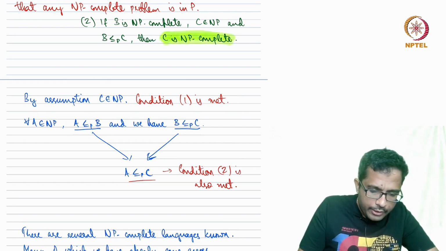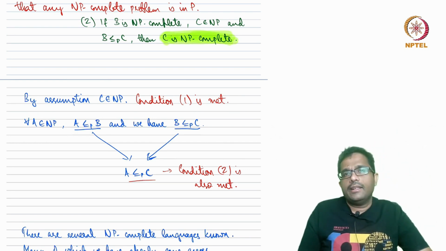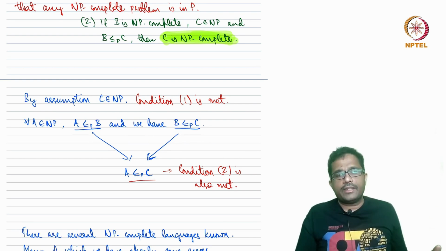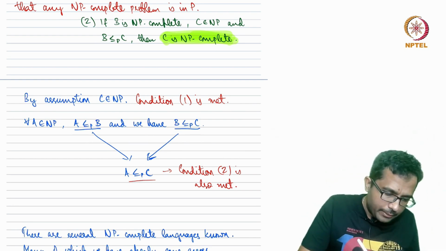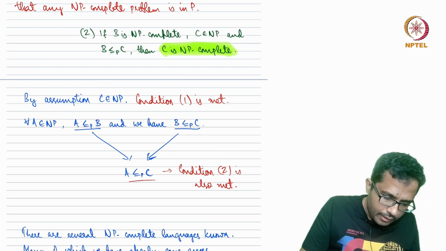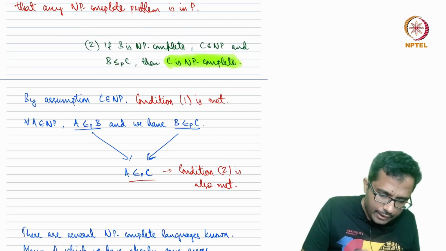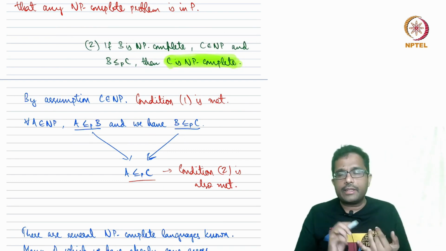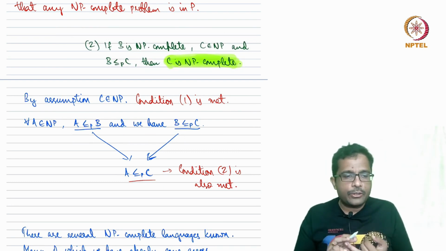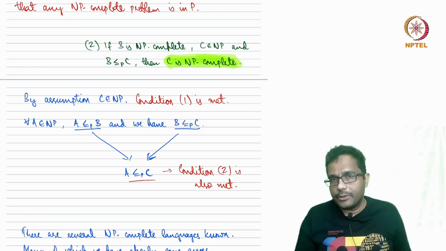So this gives us another way to show that a language is NP complete. We first show that the language is in NP, and then show that another NP complete language reduces to it.